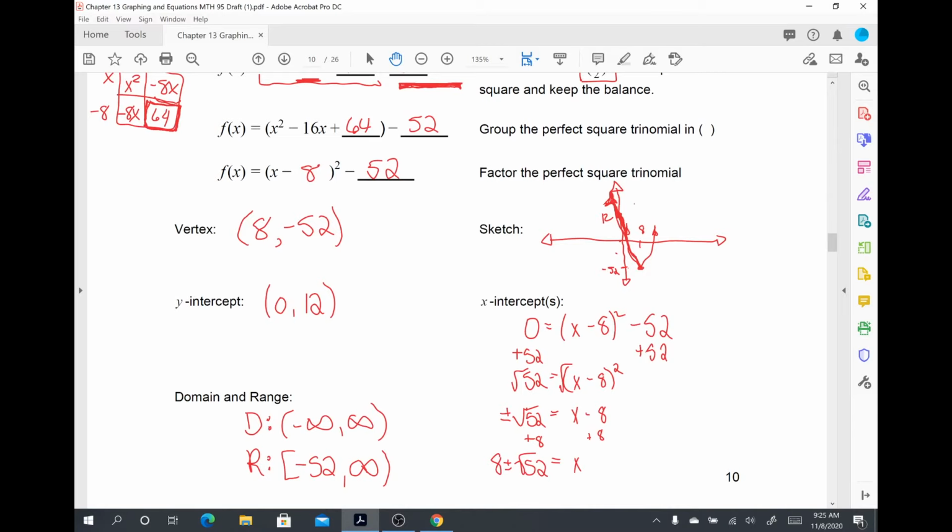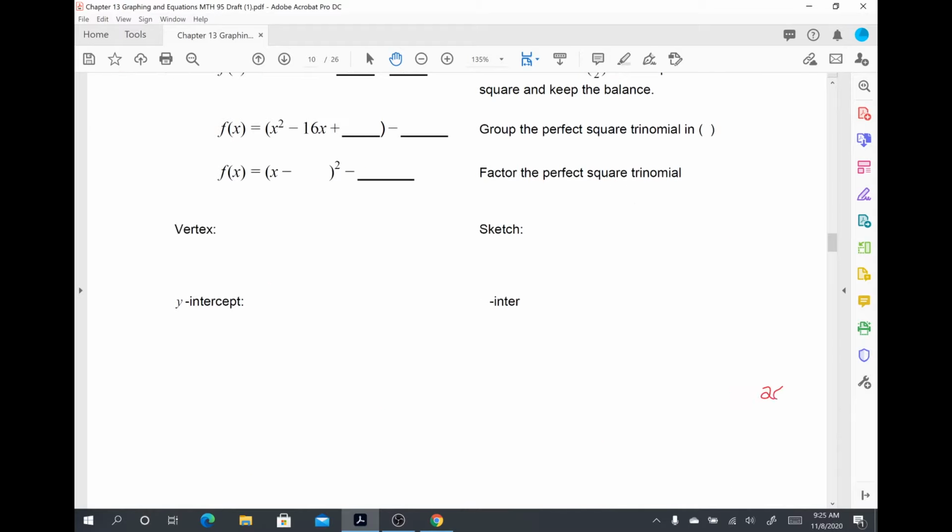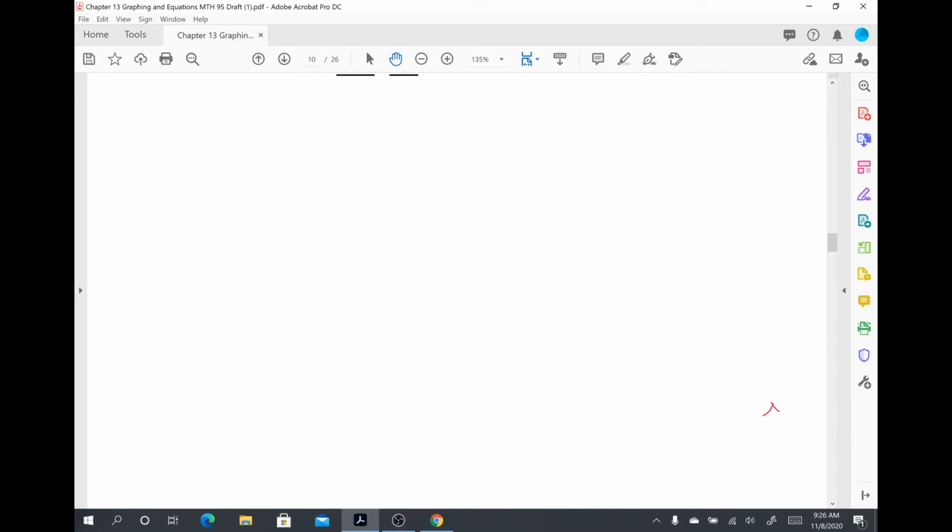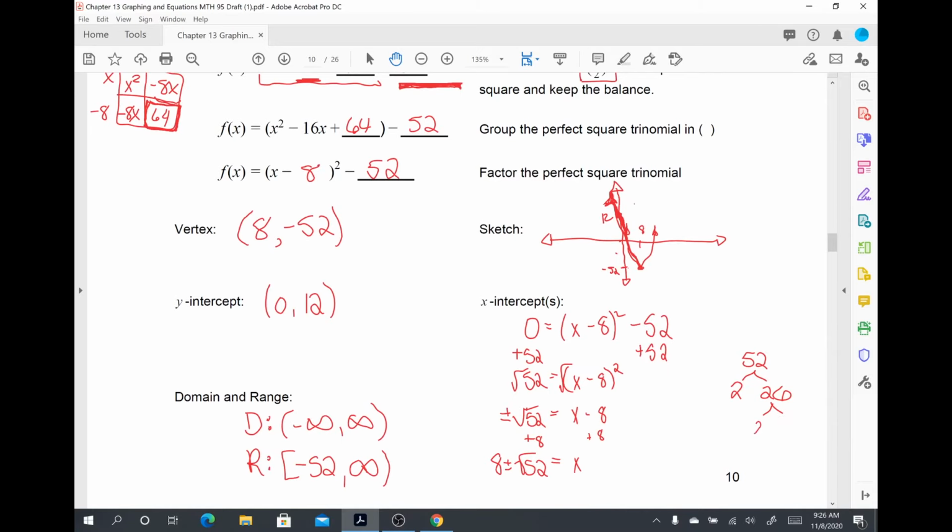Now, you might need to simplify the square root of 52 to figure out if there's any squares hiding inside of it. So make a factor tree and think about what goes into 52. So 2 times 26 and 2 times 13.